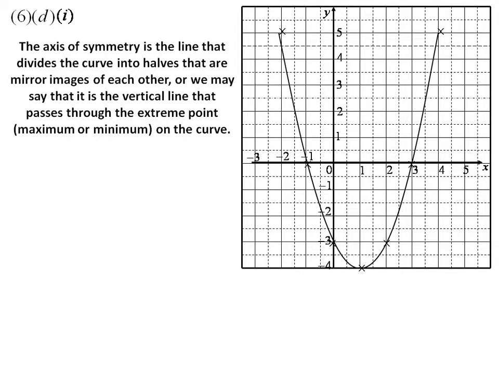So it passes through the minimum point on the curve. So there we have our axis of symmetry going straight through the minimum point on the curve, and of course dividing the curve into halves that are mirror images of each other. No problem.